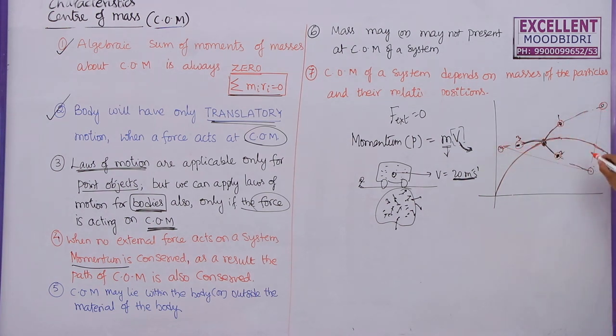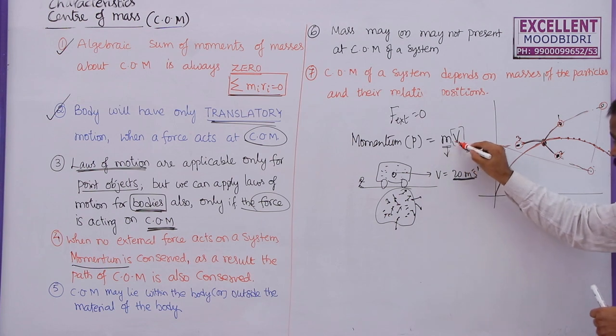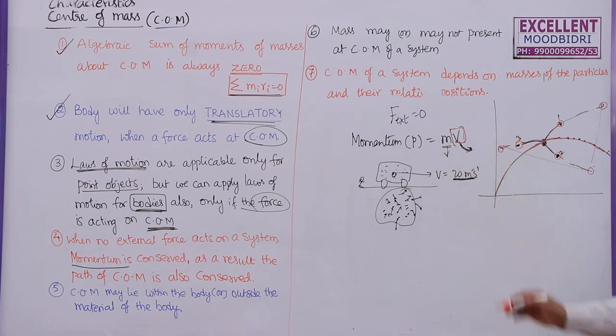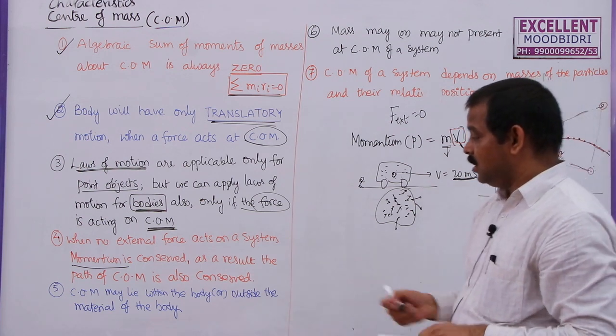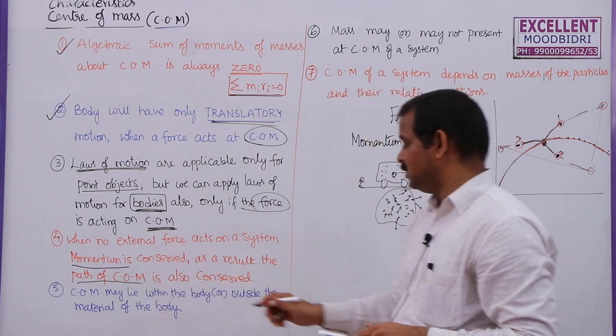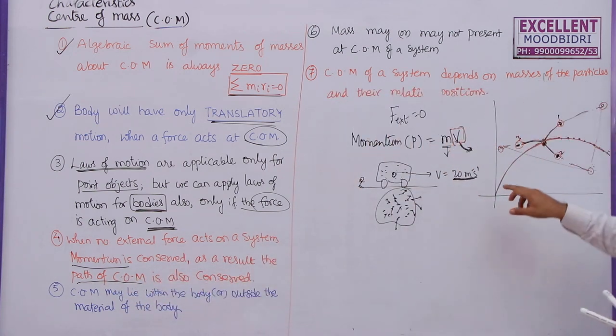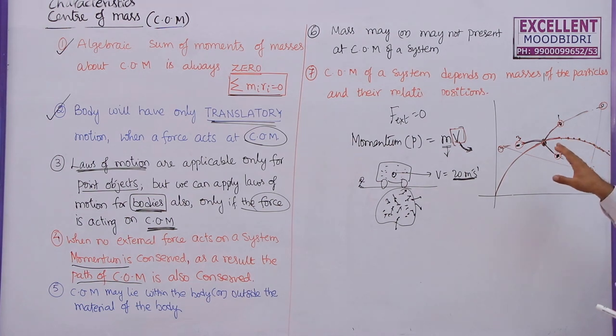For this also, the center of mass will lie somewhere here. So the center of mass will not change. The velocity of the center of mass will not change. This is how we can explain that fourth point. Whenever momentum is conserved, the path of the center of mass never changes. It will follow the same parabolic path, that is, the unexploded bomb path.